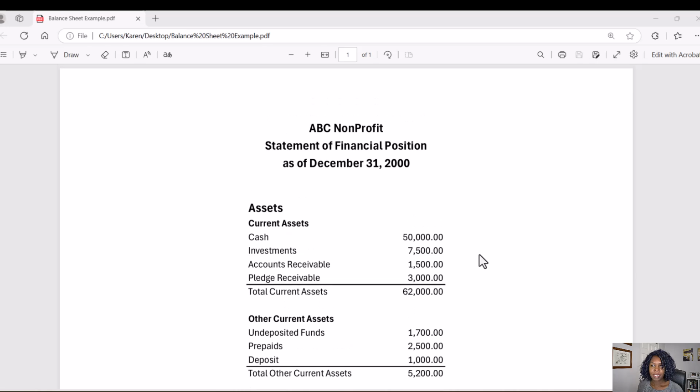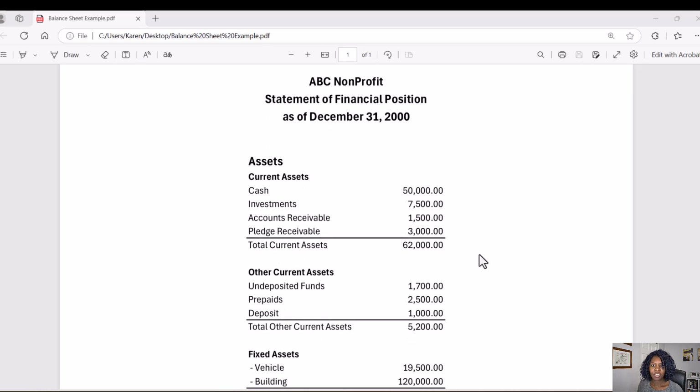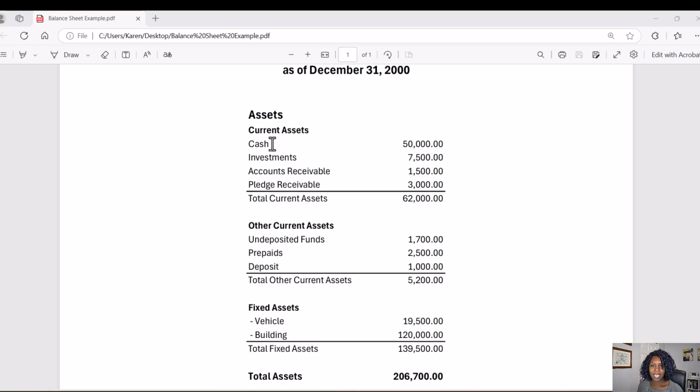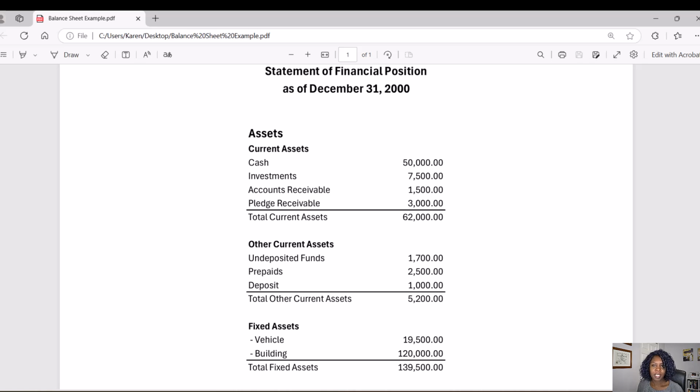So liquid really means anything that you can convert to cash quickly. So we have our cash account and our investment account. A cash account you can get anytime. You can just go to the bank, withdraw it, and boom, you have it.